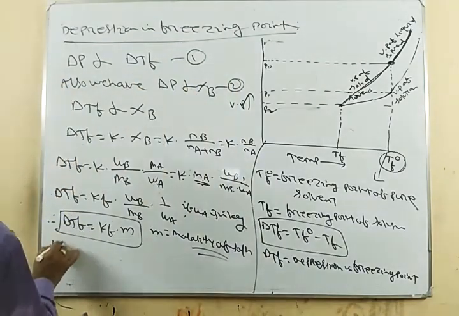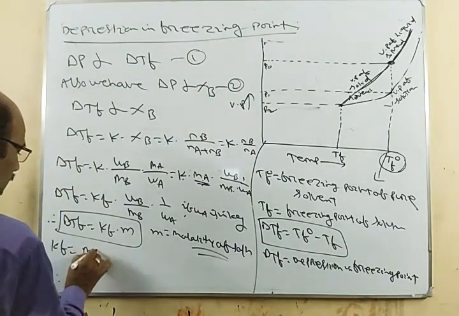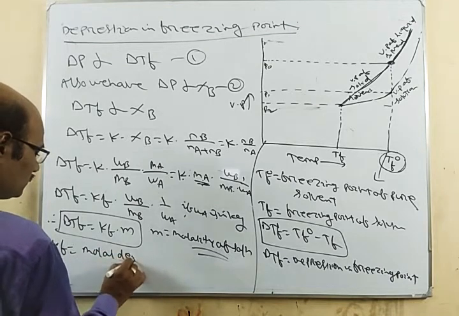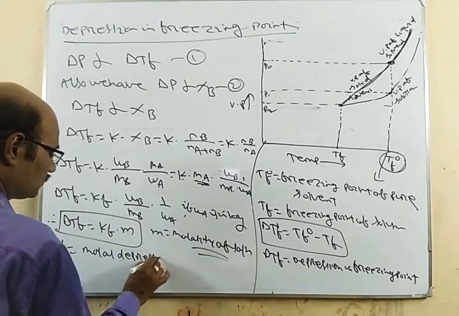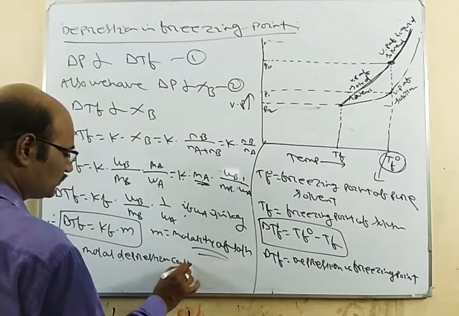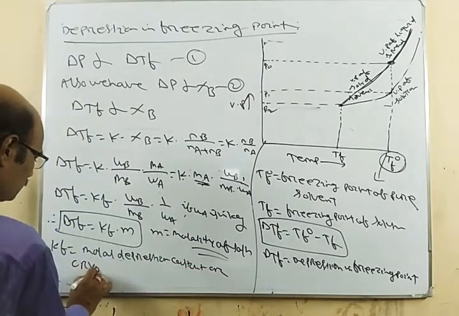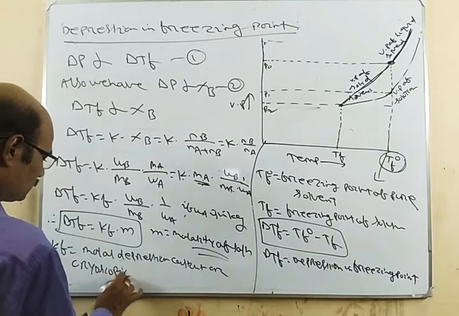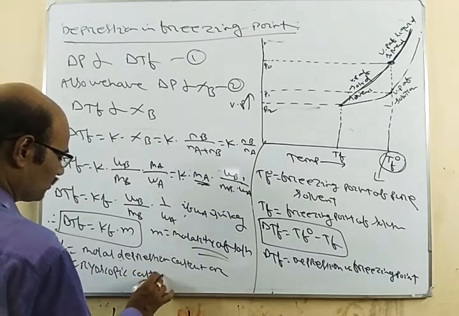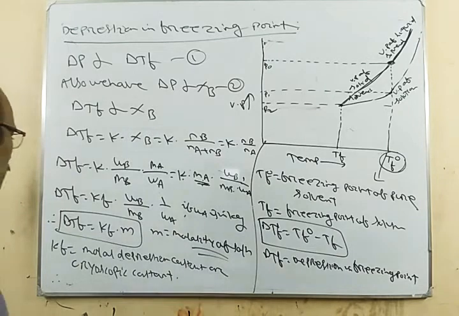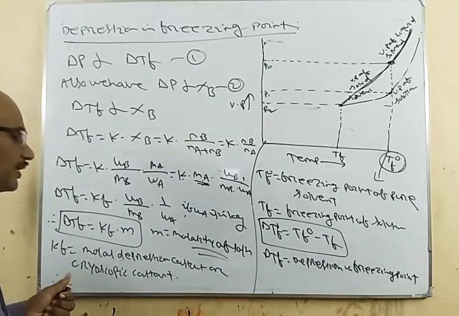Kf is the molar depression constant or the cryoscopic constant. Okay. So delta Tf equal to Kf into m.